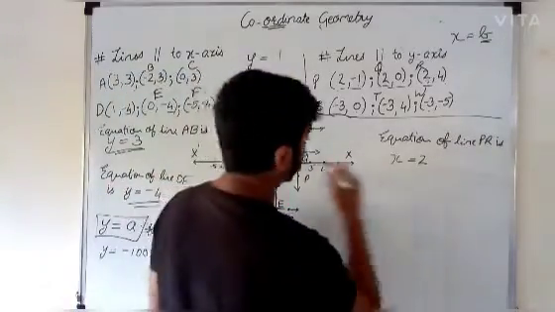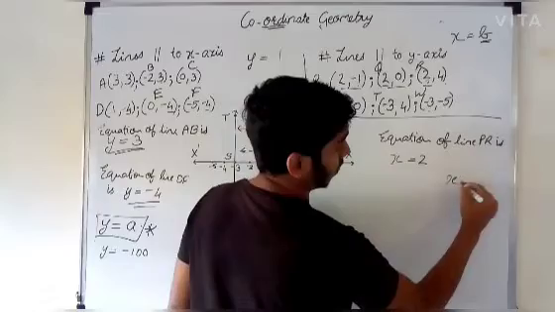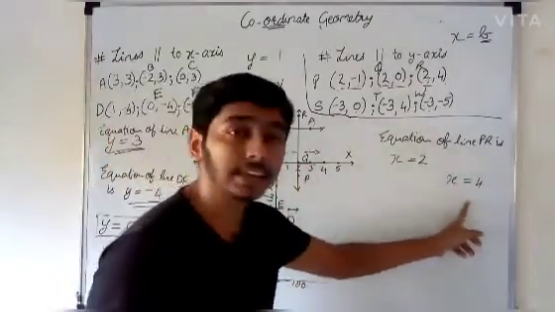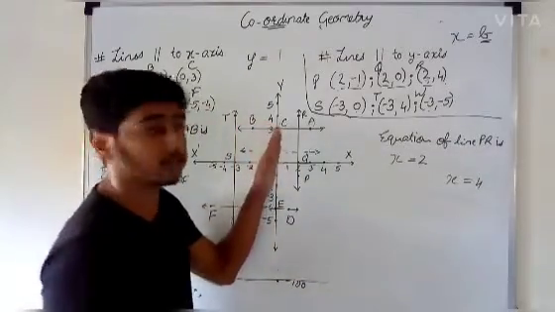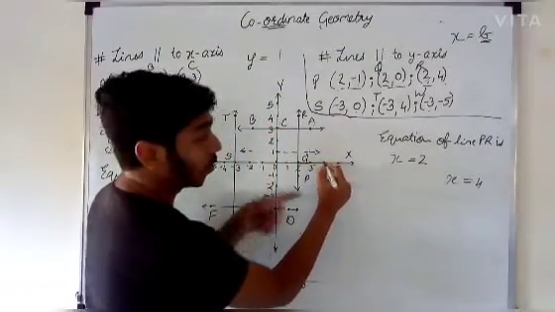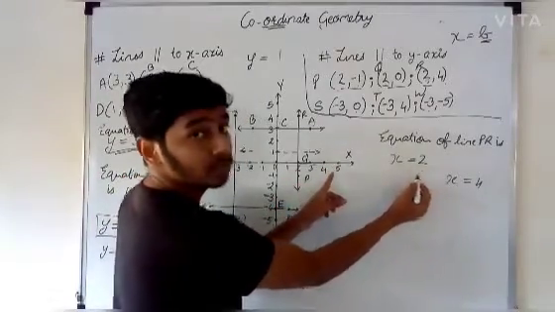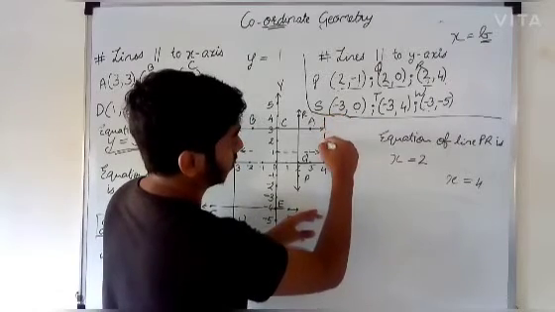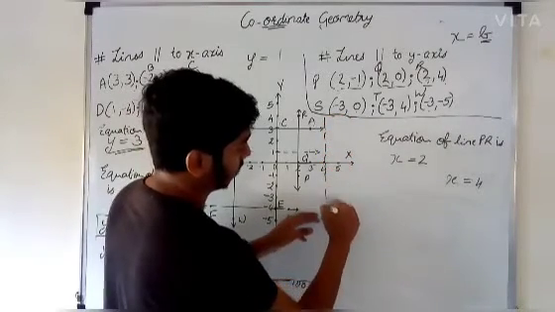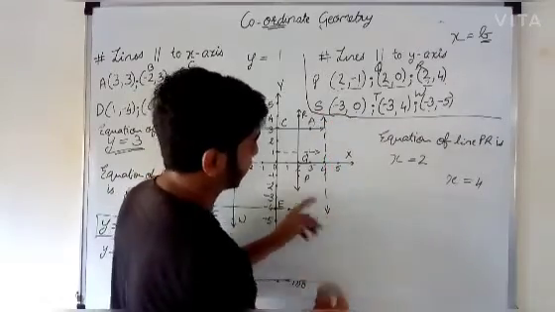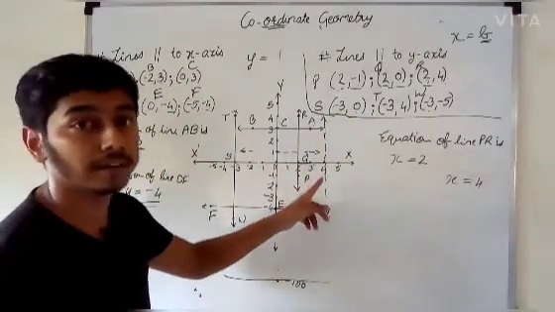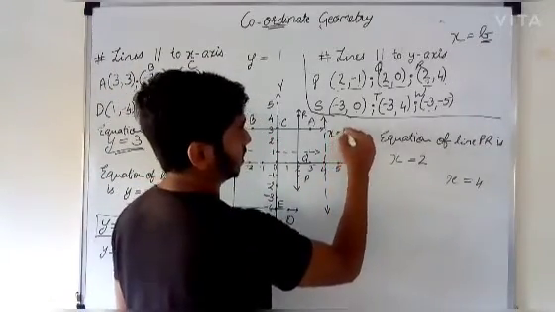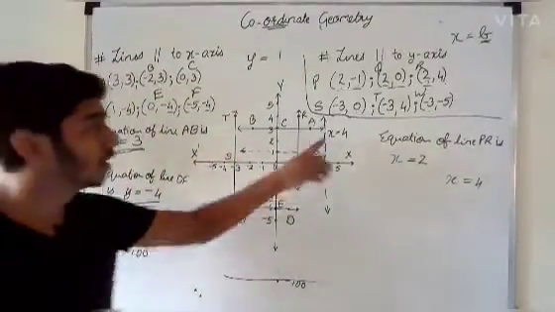For example, let's say X equal to 4, will I be able to plot this line parallel to y-axis? Yes, of course. So this is 4, right? Y is 0. So X equal to 4 means this. Correct? So this is X equal to 4. You can name this equation as X equal to 4. Okay? So this is what you get.